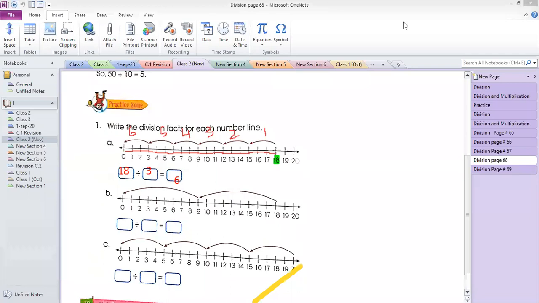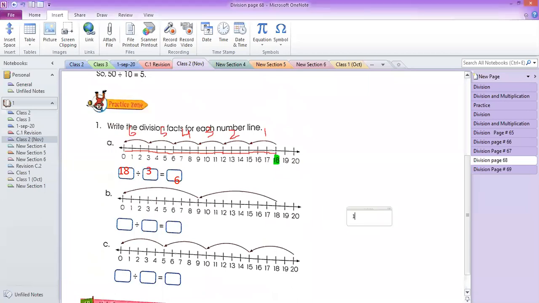So guys, you are saying the answer here is 18. Okay, you are right. 18 is the dividend here. Why? Because you started counting back from which number? 18. That means we're dividing 18. So I am going to write here 18.